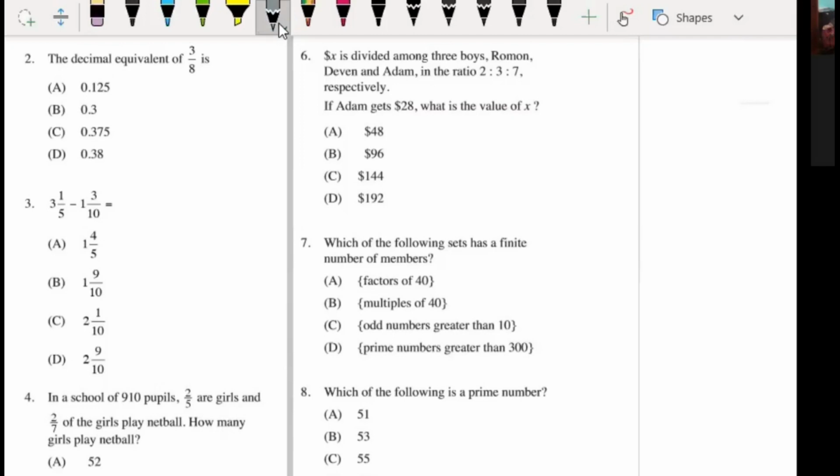Okay, so we'll have 2, and the rest of it will be 1/5 minus 3/10. So now we have to take away 3/10 from 1/5. We find the LCM of 5 and 10, which is 10.